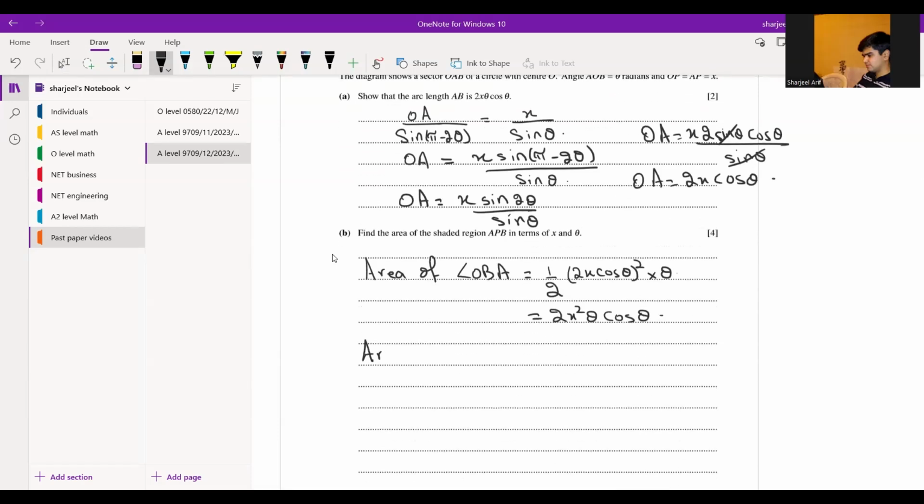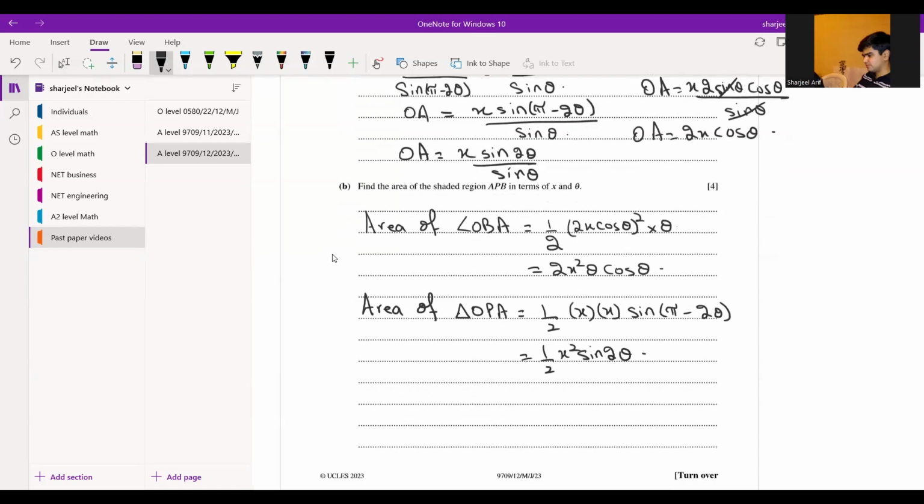Then we will find the area of the triangle OPA. This will be equal to 1/2 into AB sine(pi minus 2 theta). This will be simplified to give 1/2 x^2 sine 2 theta. So our required area will be the difference of these two: 2x^2 theta cos^2 theta minus 1/2 x^2 sine 2 theta.